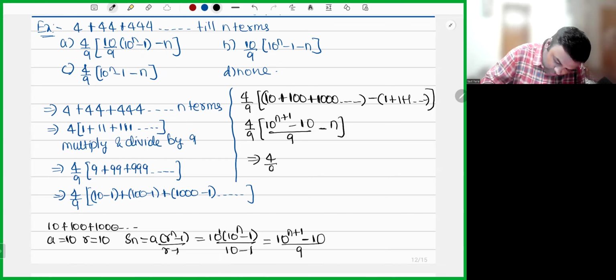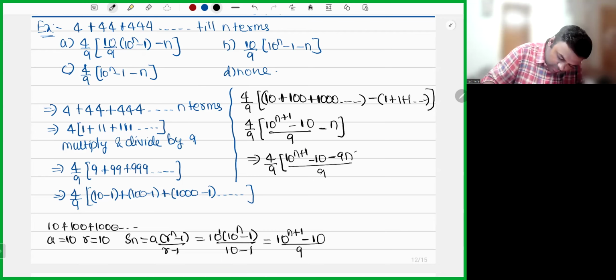4 by 9 into. Now can I take the LCM here? 10 power n plus 1 minus 10 minus 9n, whole divided by 9. What is 9 into 9? 81. So 4 by 81 into 10 power n plus 1 minus 9n minus 10.